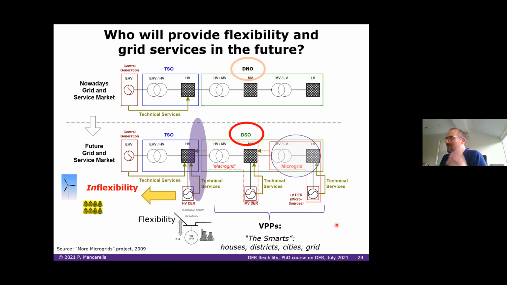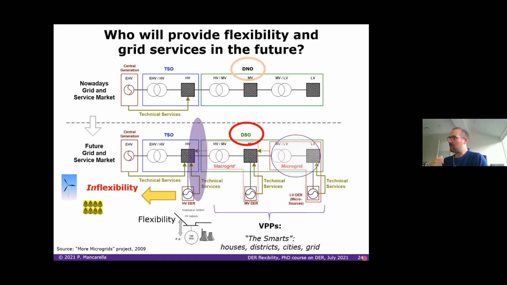Now, imagine that with all these resources, they are controllable, and many of them, or most of them, actually inverter based. So with huge capabilities in terms of active and reactive power control, it would really be a sin not to exploit this capability. So say, why would I need to invest into, for example, reactive power resources when actually I can exploit what inverters can do?